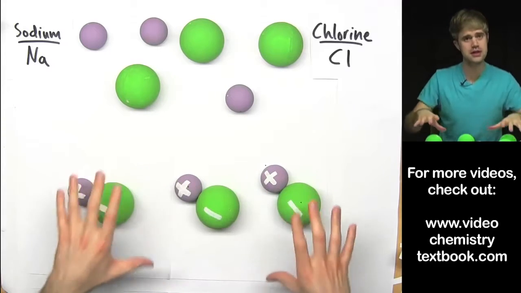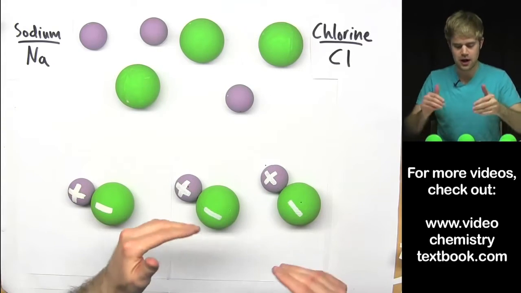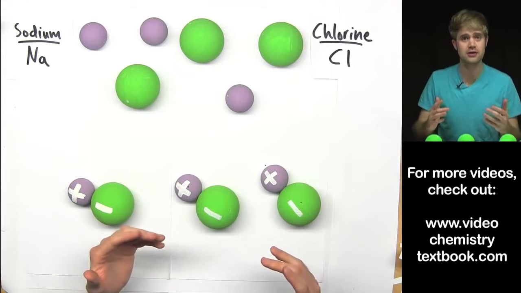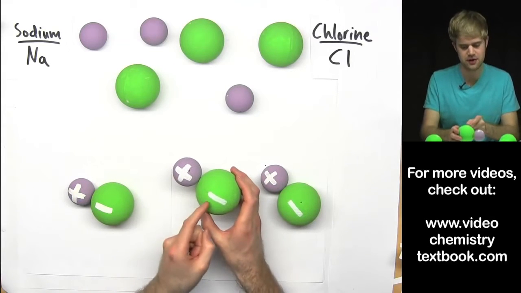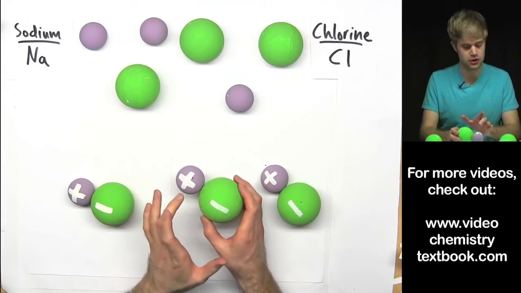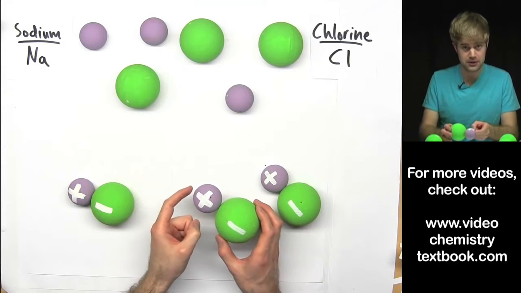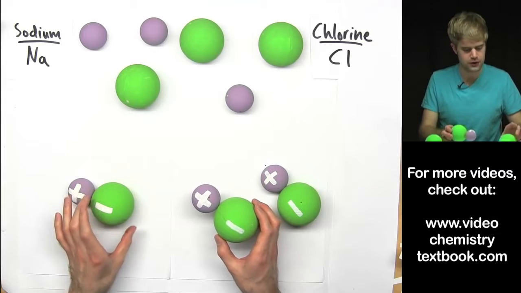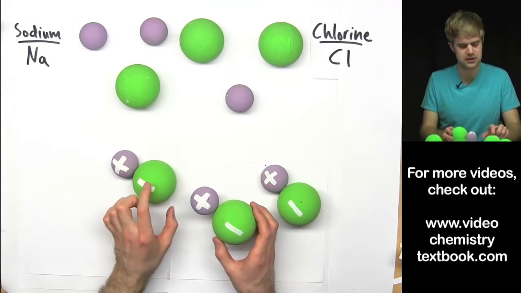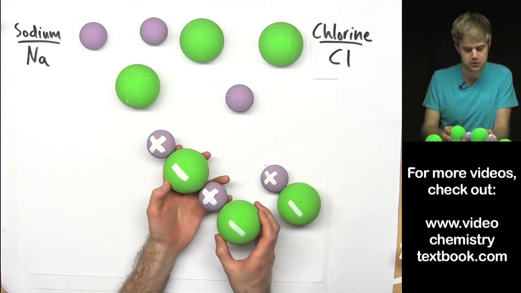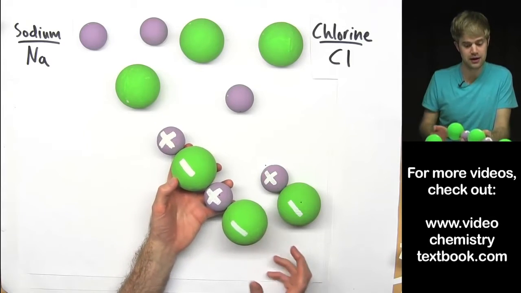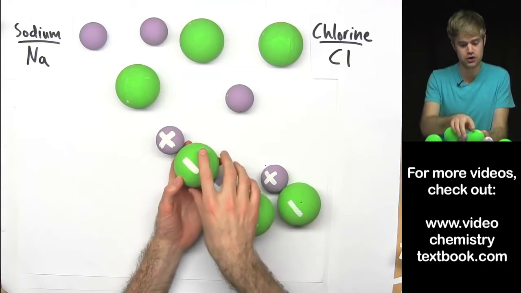They wouldn't stay separate because opposite charges attract not only in groups of 2. This positive and this negative are attracted to each other, but this positively charged sodium will also be attracted to this negatively charged chloride over here. So these 2 things are going to end up connecting to each other because of that attraction.